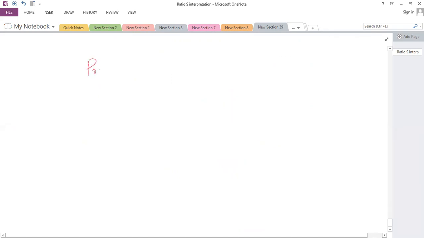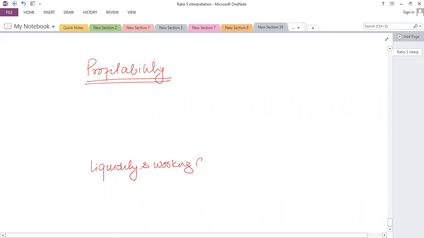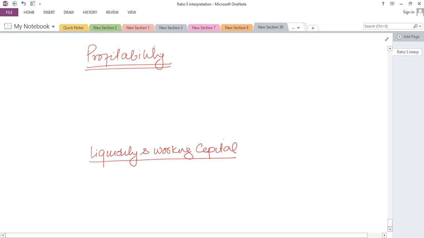You can put here one heading that is profitability. You can also put an introduction as well. You can put here liquidity and working capital headings. You can also put performance and position headings as well. And here you can put a solvency heading.